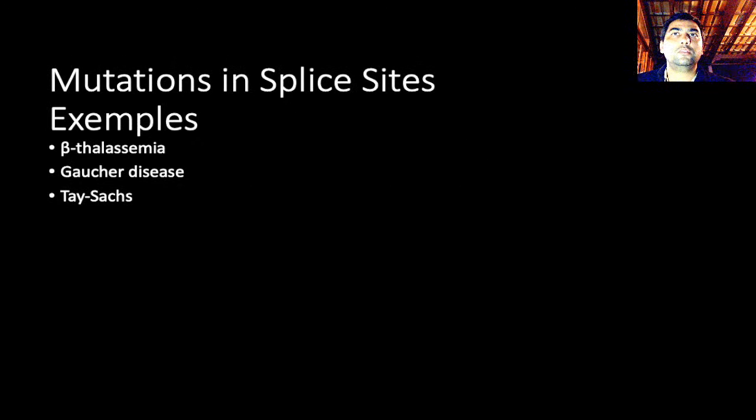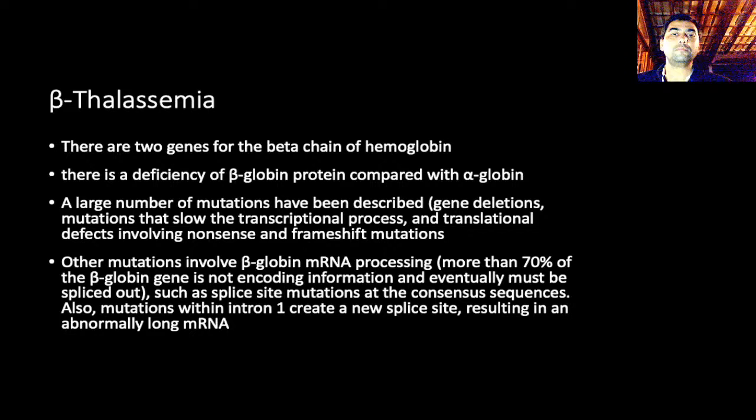Mutation in splice sites examples: beta-thalassemia, Gaucher disease, and Tay-Sachs. Beta-thalassemia. There are two genes for the beta chain of hemoglobin.